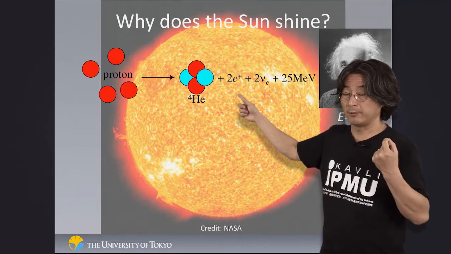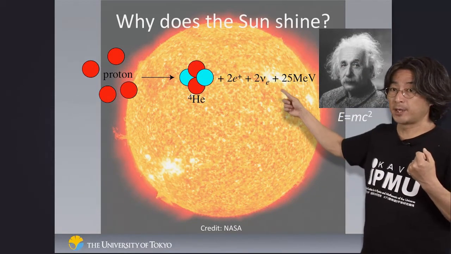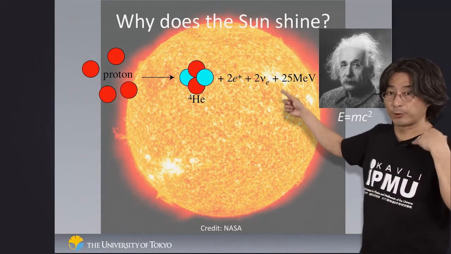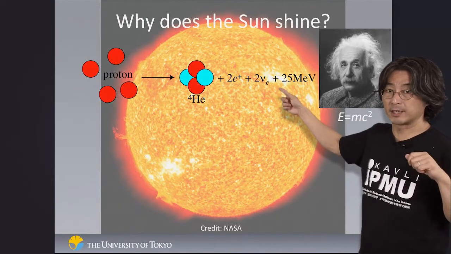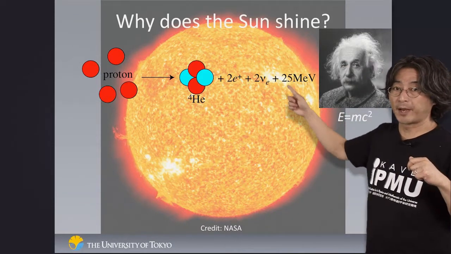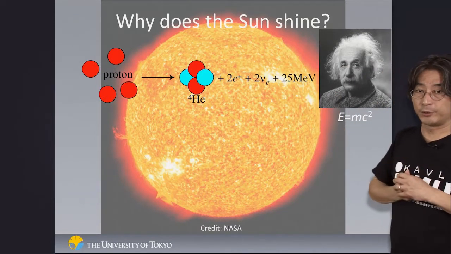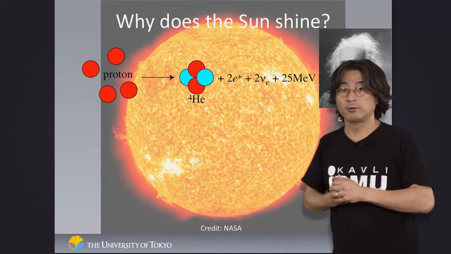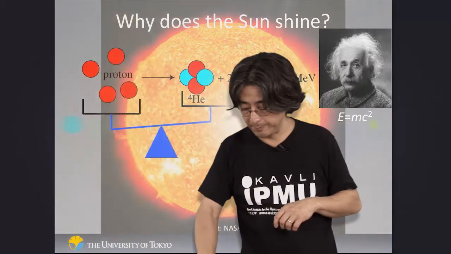They're called positrons. And 2 unfamiliar particles called neutrinos, which are kind of ghosts. They sort of penetrate everything as far as we can see. And from this reaction, it releases a certain amount of energy, and the unit we use in physics is 25 million electron volts. So that's how the sun is producing energy.